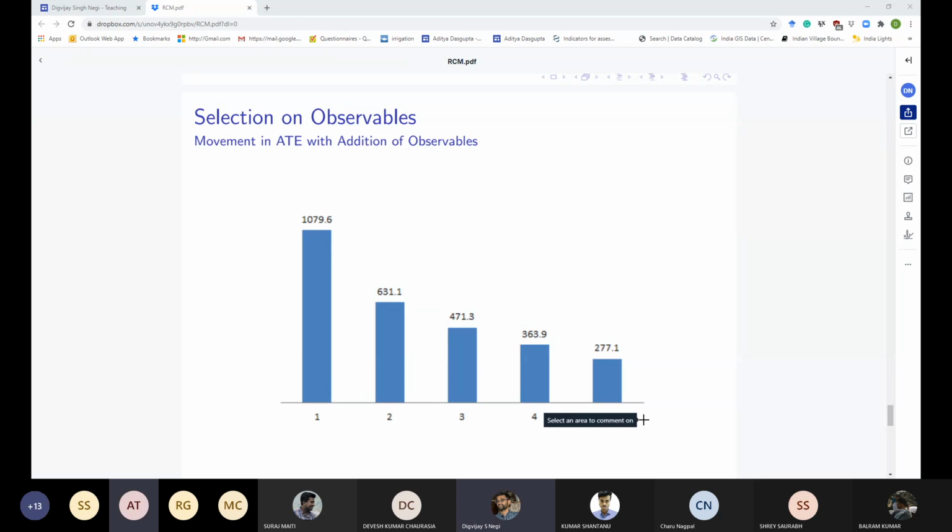That they were chosen randomly. As good as random, right? The assignment was as good as random. There is no way of testing that, but you will have more confidence in saying something like this if you observe this. In this particular case, you are seeing a pattern: as you add more terms, the delta goes down.